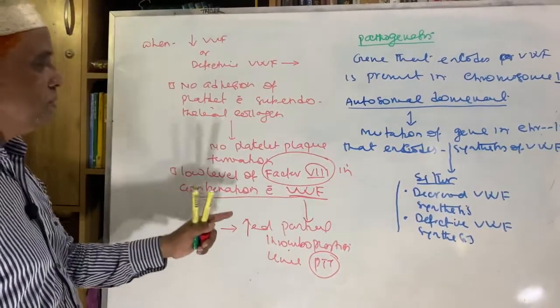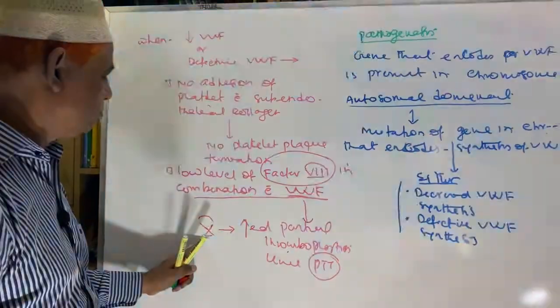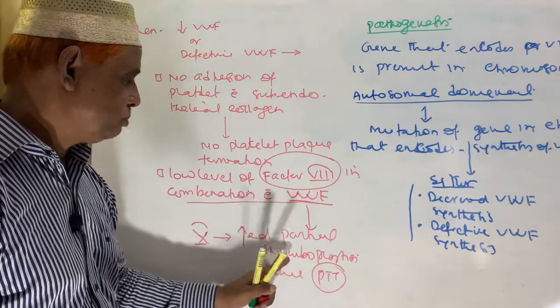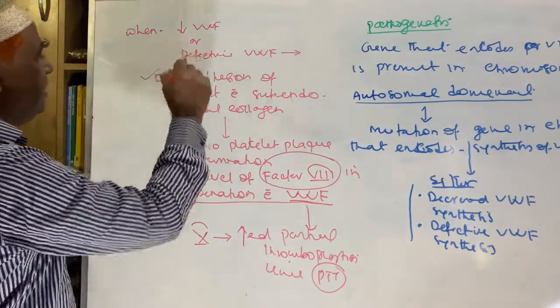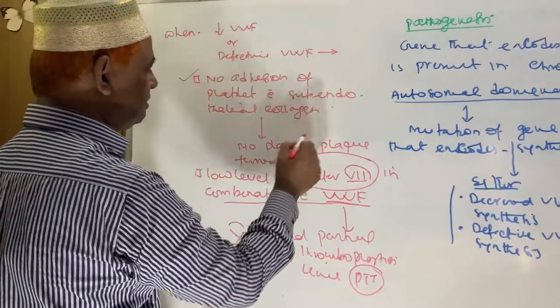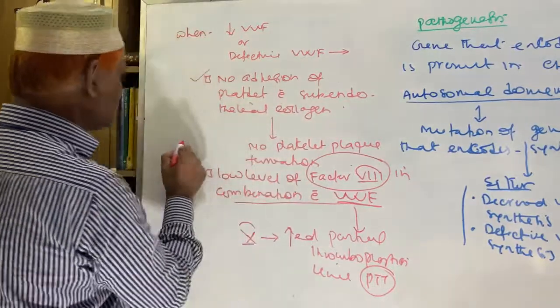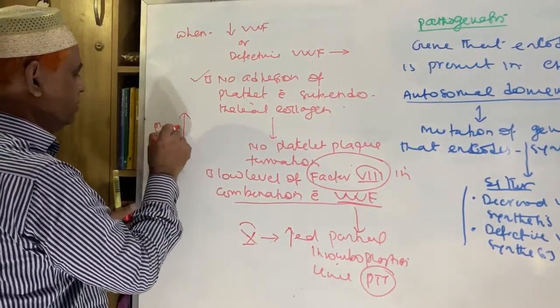As low level of factor 8, no activation of factor 10, so ultimately increased partial thromboplastin time. Now come here again, as no addition of platelet, no formation of platelet plaque, so there will be increased bleeding time, prolonged bleeding.